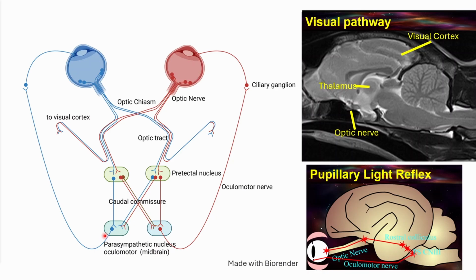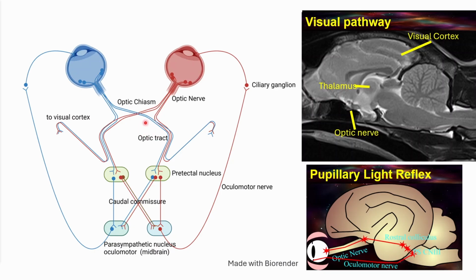It will decussate at that stage. Obviously, it would also decussate at the level of the optic chiasm. Then it goes to the parasympathetic nucleus of the oculomotor nerve in the midbrain, and then we will get closure of the pupil.